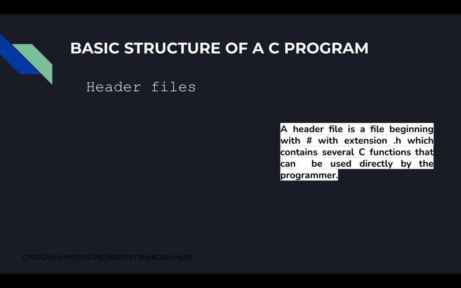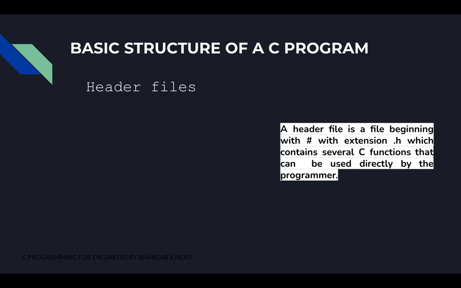So in simple words, if I want to explain header files, I can say that there are some files which are required to run C programs smoothly. Now those files are within the header files. So before beginning the actual programming, we need to give the header files. It begins with hash and it ends with the extension .h.